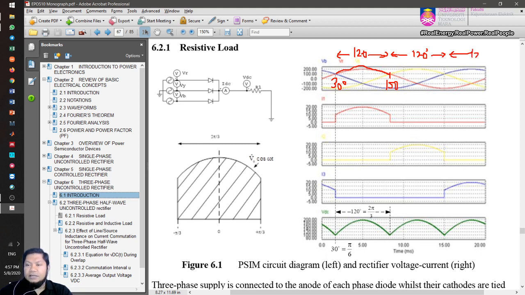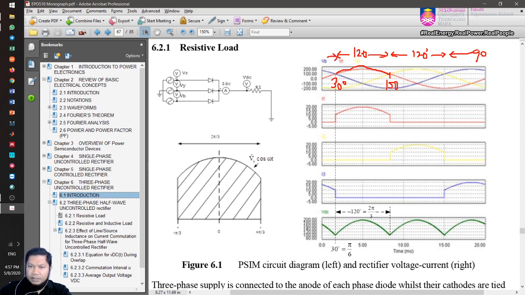So this is 90 degrees, and it continues 30 degrees. This is 90 degrees because you have a remaining 30 degrees here.